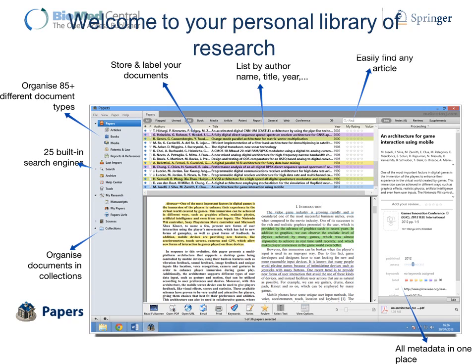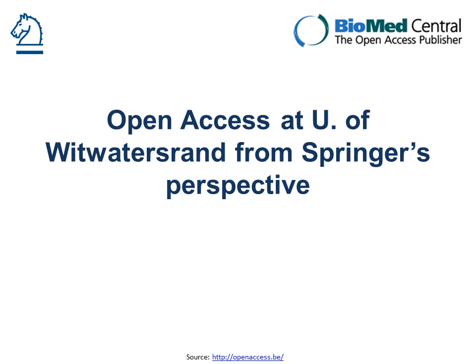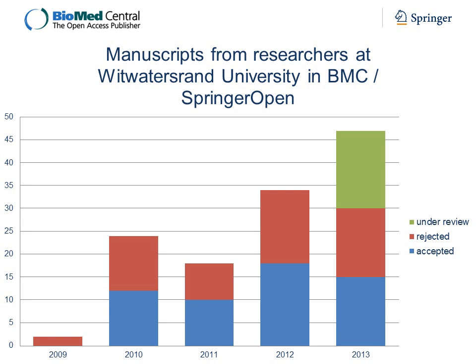Now finally, some figures on open access at the University of the Witwatersrand from a BioMed Central and Springer perspective. This is how the number of publications and submissions has developed since 2009. In red, rejected manuscripts. In blue, the accepted manuscripts, and in green for 2013, the articles currently being reviewed.